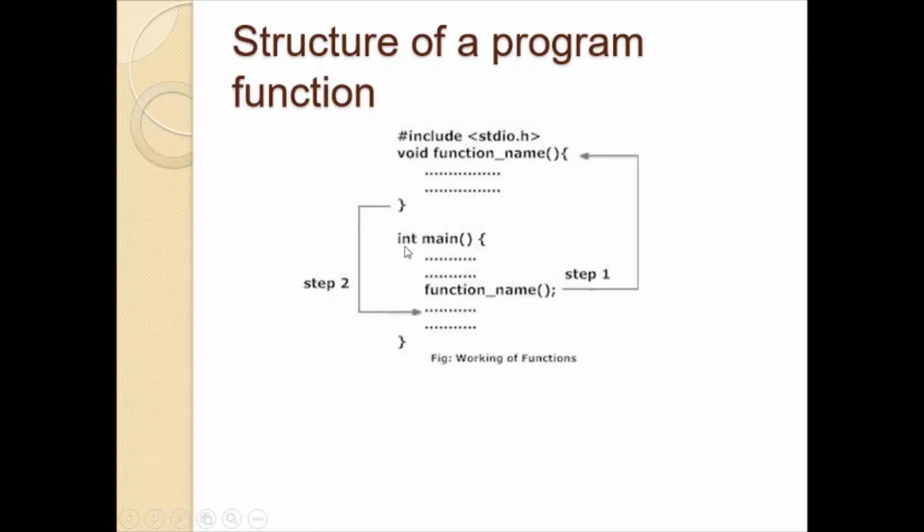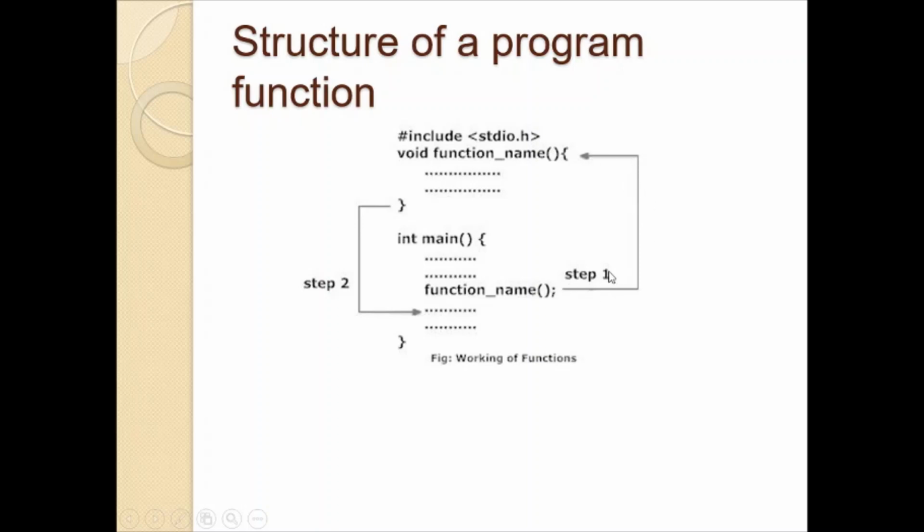So control will be here at first. When it starts executing the lines within the main function, here it encounters a function name. When the control encounters this function name, the control is going to jump to that particular function.